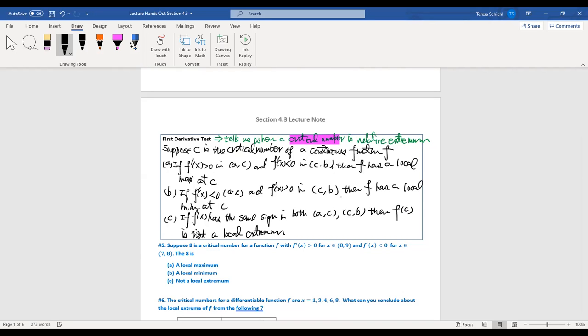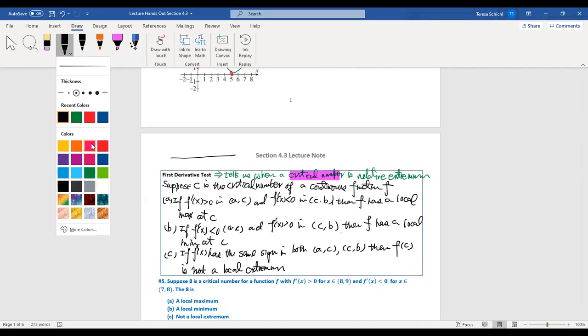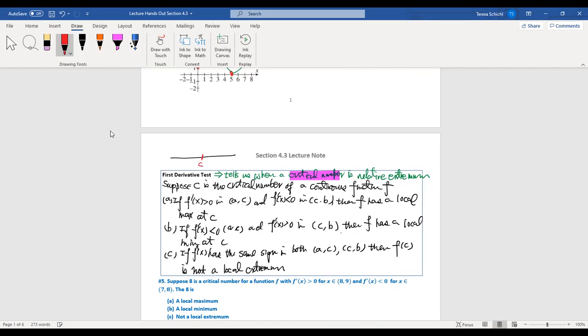Okay, so this one here is really pretty easy to understand intuitively. Suppose C is a critical number, right? We said a critical number is where f prime of x equals 0. Let's say this is C here, and your points are A here and B here.